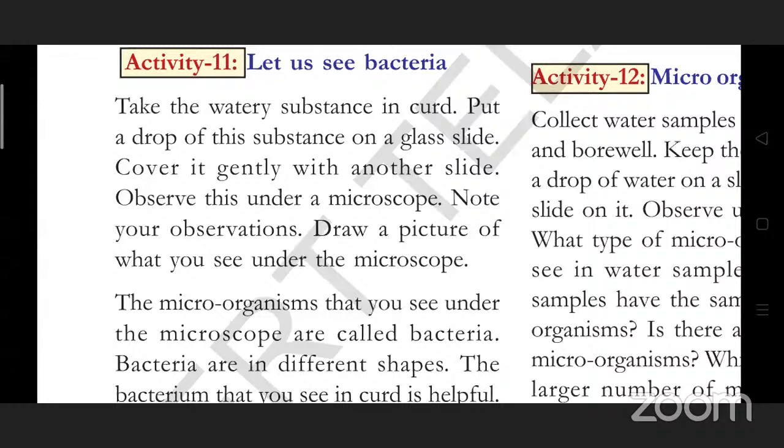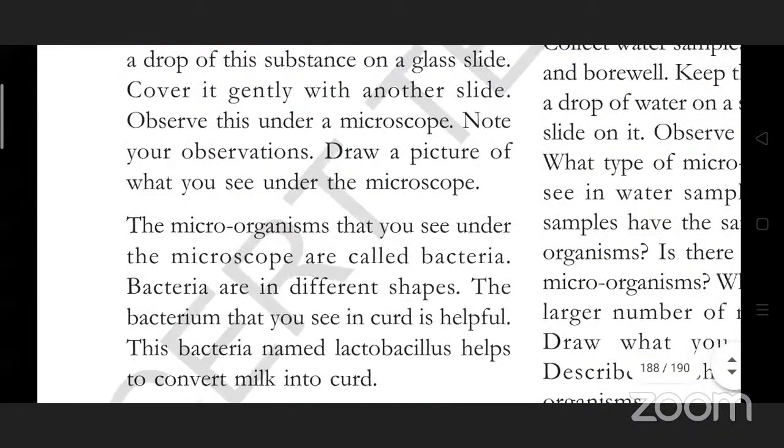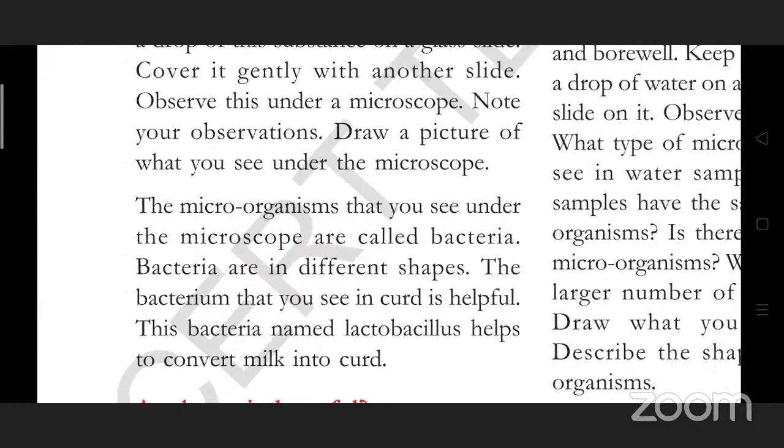Put a drop of this substance on a glass slide and observe it under the microscope. If possible, draw its picture. The microorganisms that you see under the microscope are called bacteria.